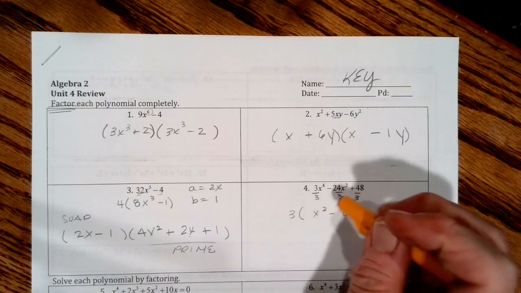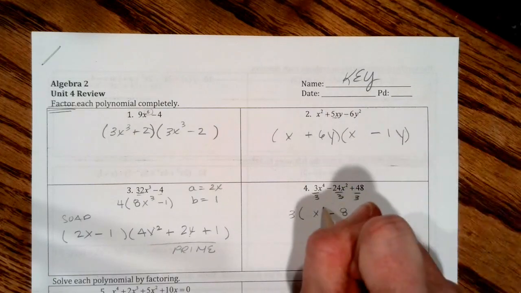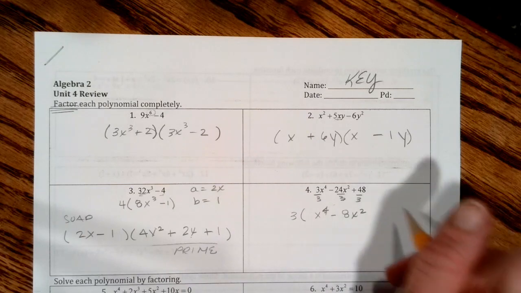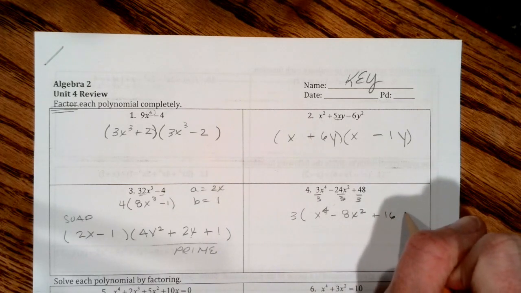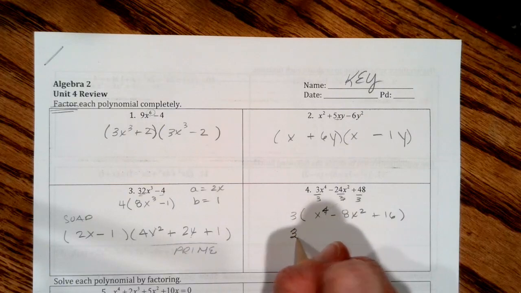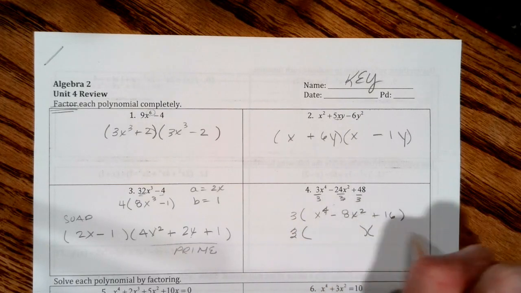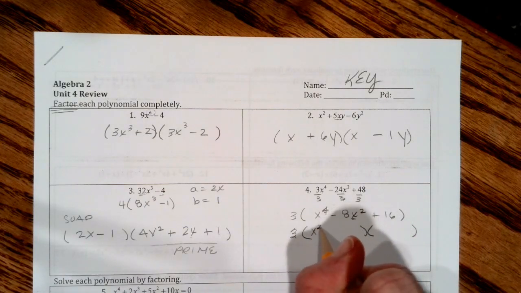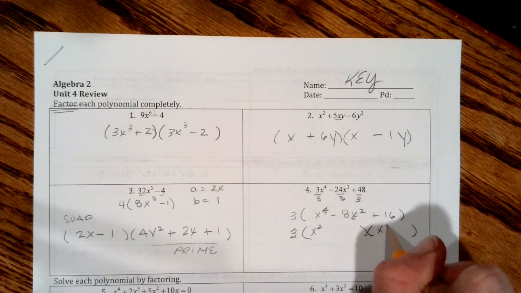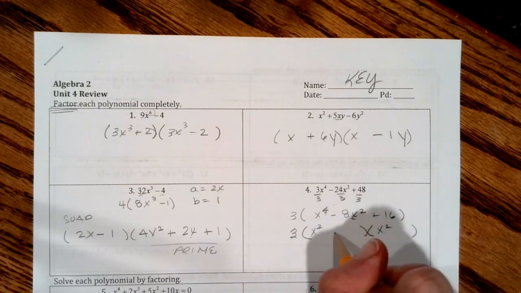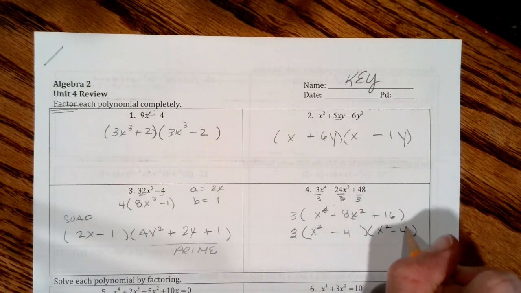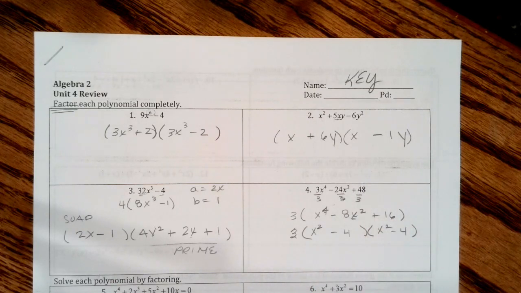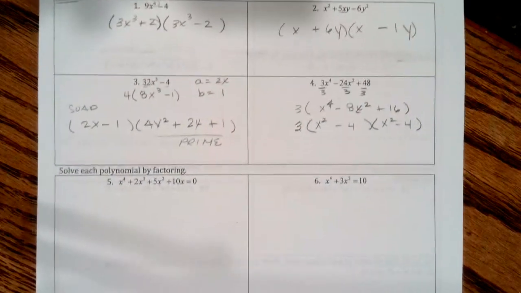Or this is x to the 4th, I'm sorry. 3x to the 4th, 8x squared plus 16. So my 3 stays out here as part of the factoring. This middle term of x squared lets me know that these x's were divided up evenly. If I have a positive 16 as a product and a negative 8 as a sum, that's a double square, and I can factor it into that perfect binomial pair.